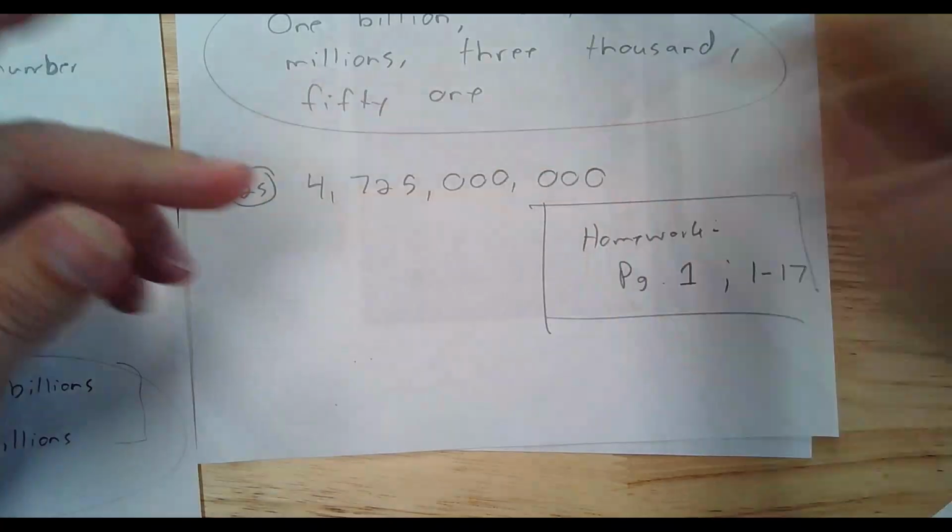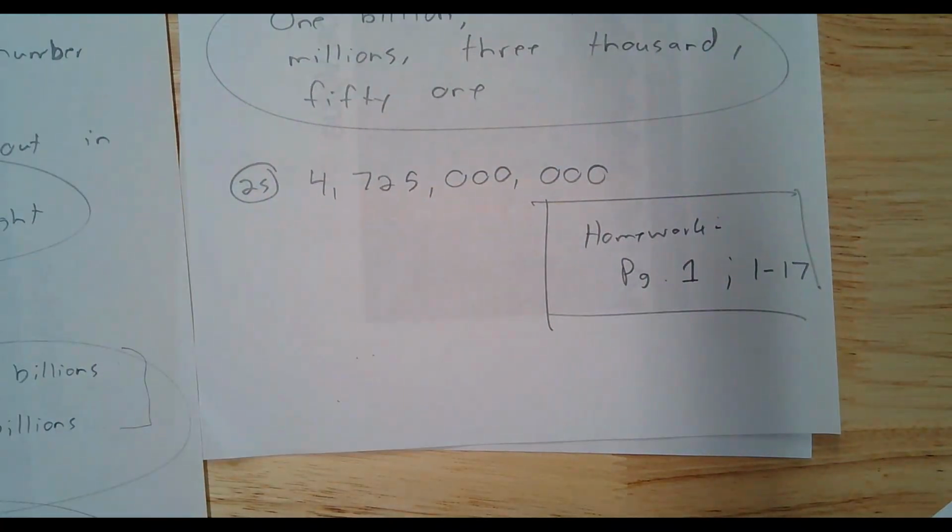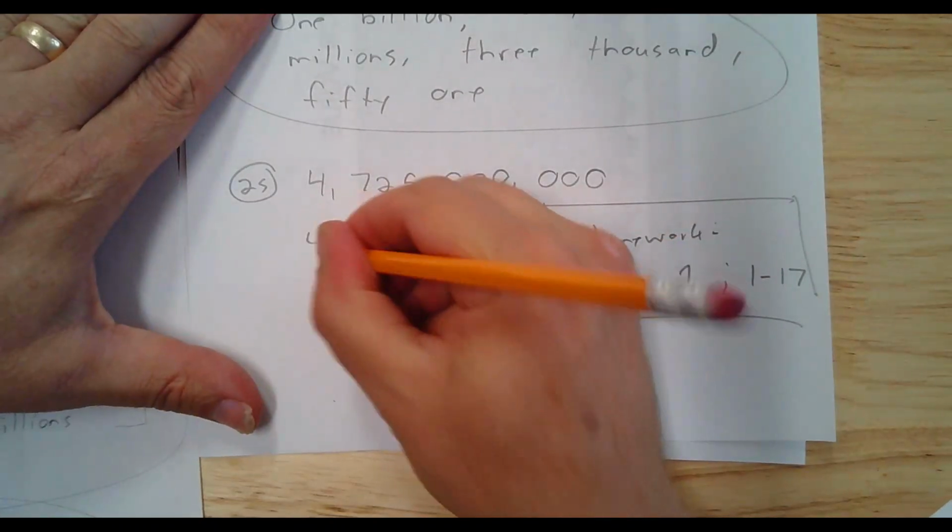Charlotte, what do you got for me? 4,725,000. Close. 4 million. Okay, can I just do it? Kana, 4 million? This is your specialty. It's 4 billion. 4 billion.